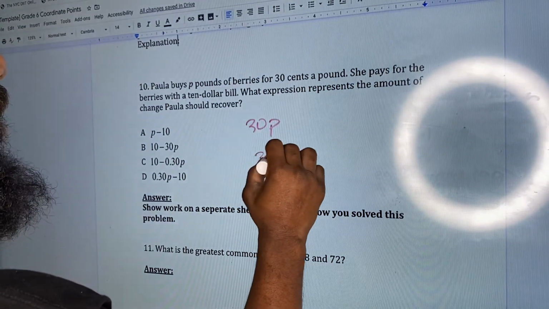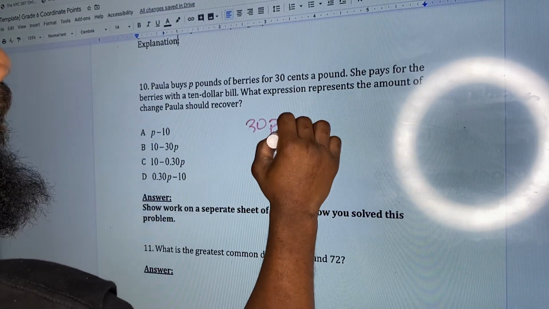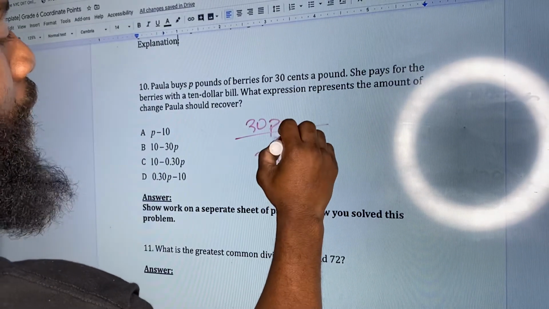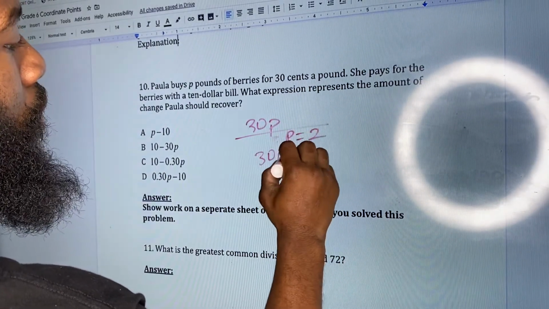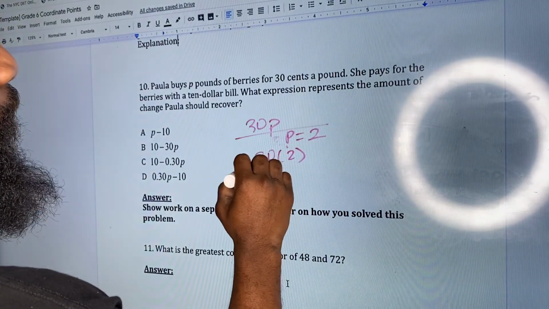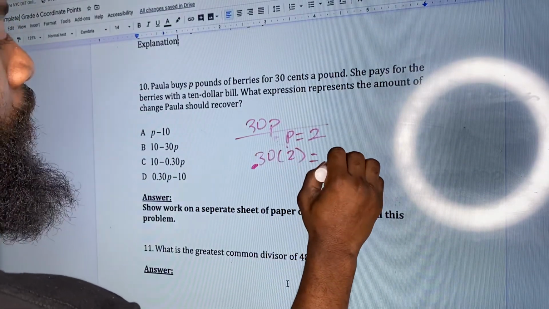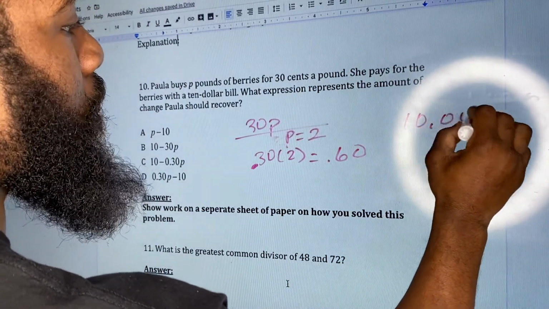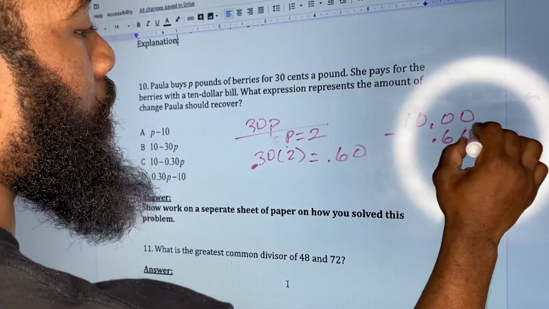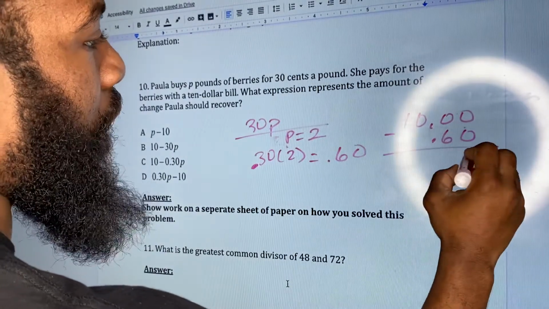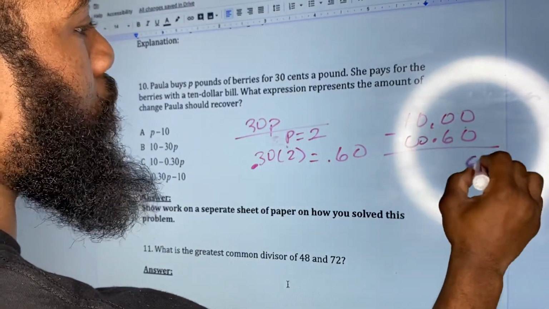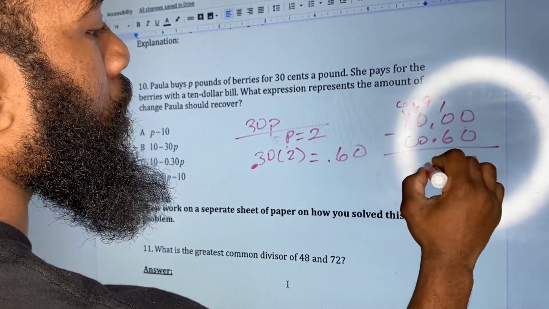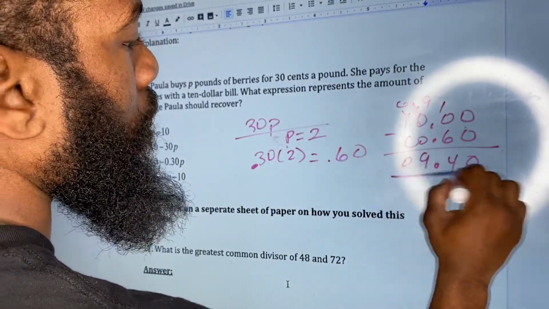So 30 times P, where P is the number of pounds, which is 2. So 30 cents times 2 is 60 cents. And then she paid with a $10 bill. So she took that $10 and subtracted the 60 cents, and she got $9.40.